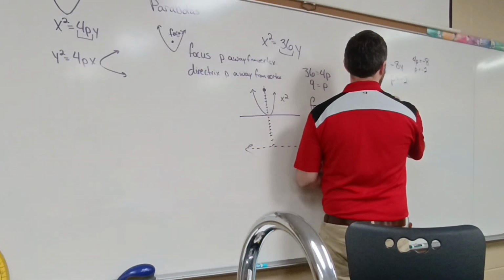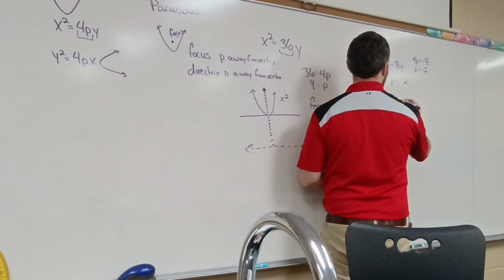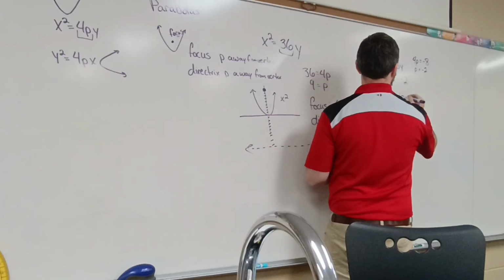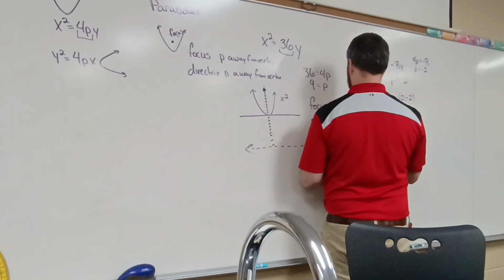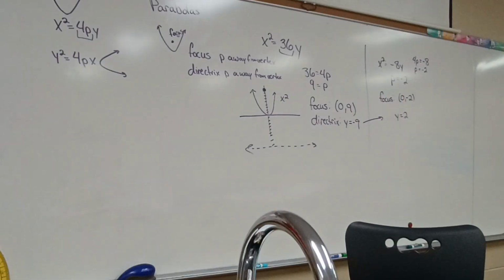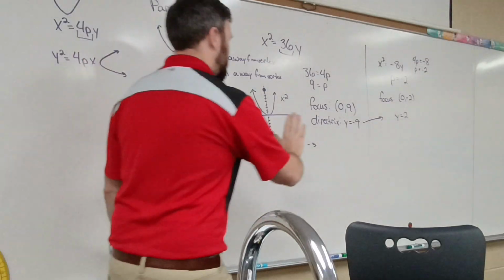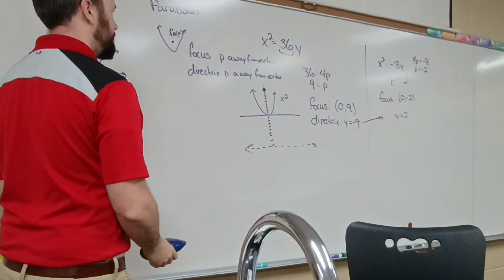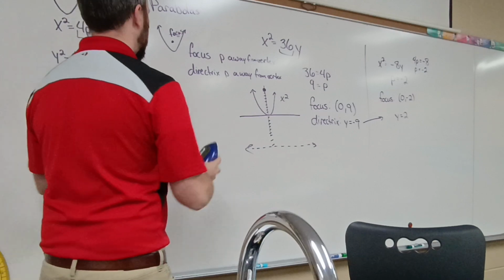So my focus would be 0, negative 2. And my directrix would be y equals 2. All right? Don't overthink these. Find your p, plug it in. All right? Oh, we're doing great.